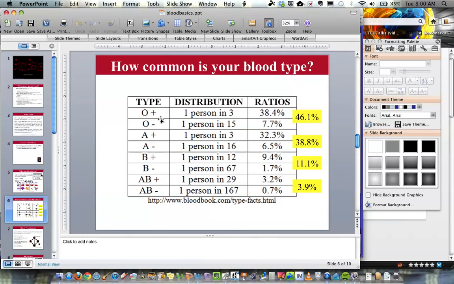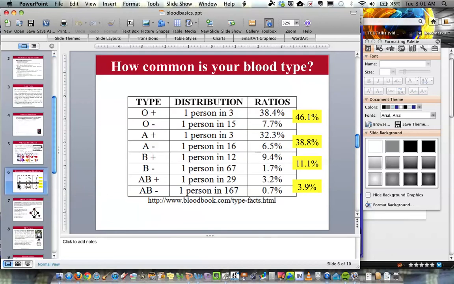Now, type O blood is a specific gene combination as well, but it is more prevalent in the gene pool, so there are more people who receive those two genes together. Type AB blood making up about 4%. Again, don't worry about the specific percentages of which is plus or which is minus. I just want you to know in general which is most common, which is least common.